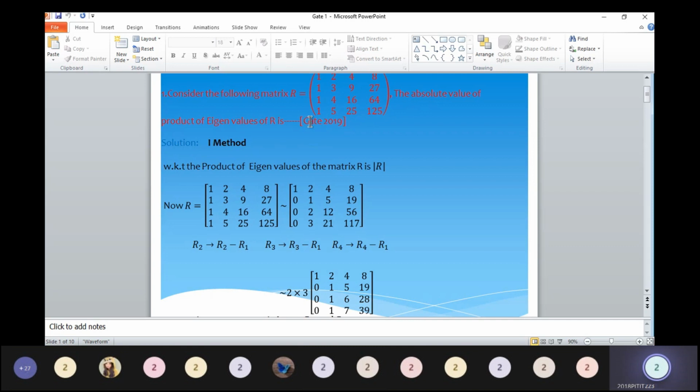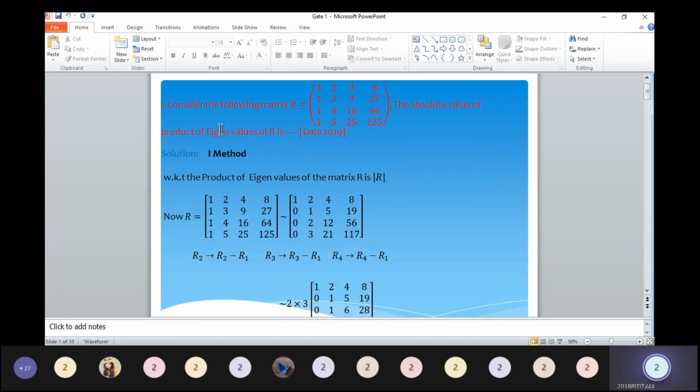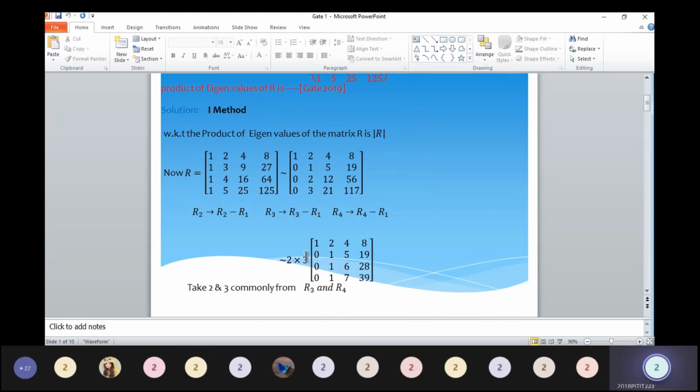See, I want to find the determinant of R. There are two methods. One is using row echelon form. Making echelon form, you multiply the main diagonal elements.